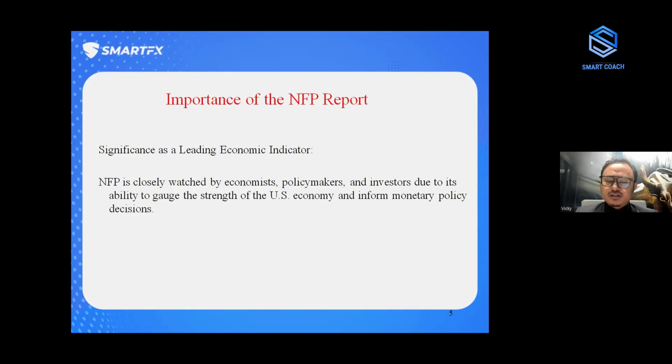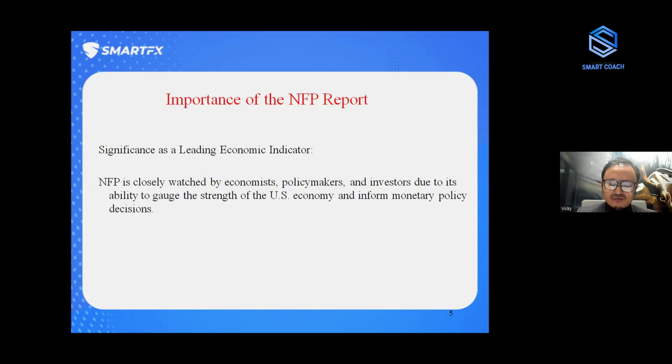If the NFP data is positive, it means the US economy is showing strength. That means the US economy and US dollar are going to be stronger and will grow. Therefore, it will attract more investment from within the country and outside the country. Thus the value of the dollar goes up.